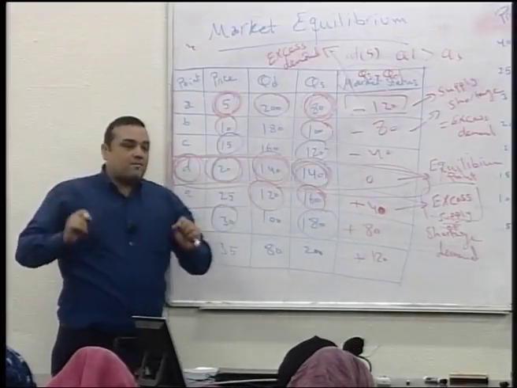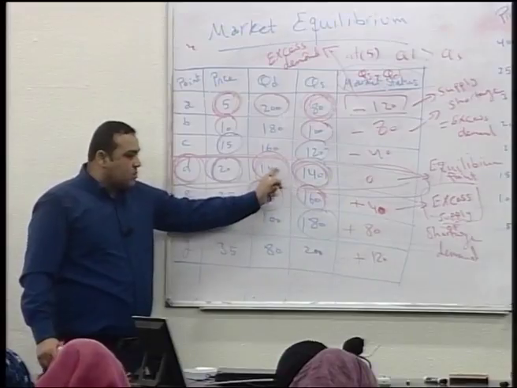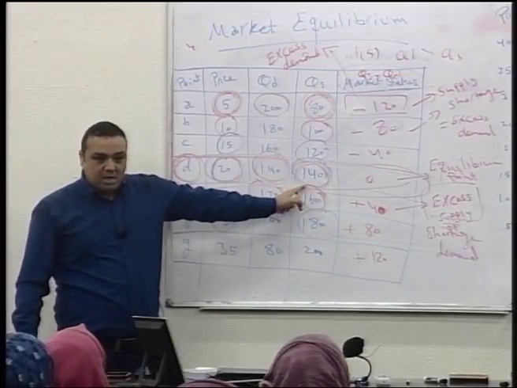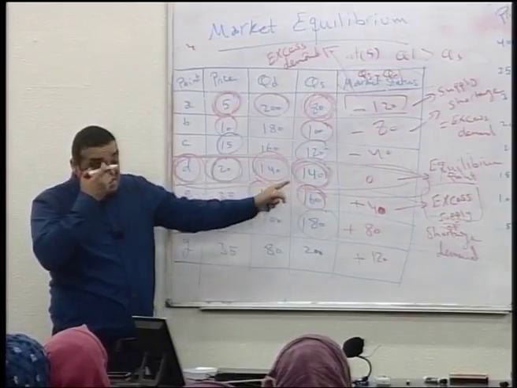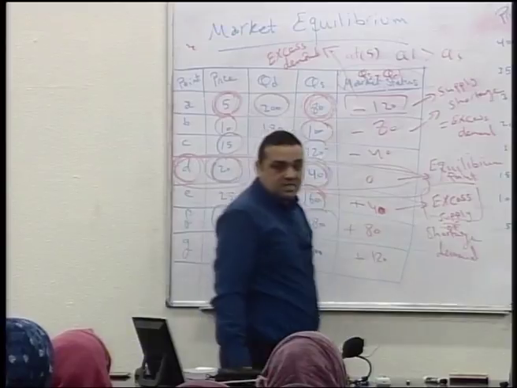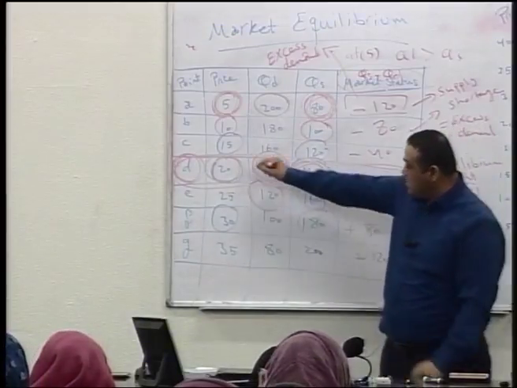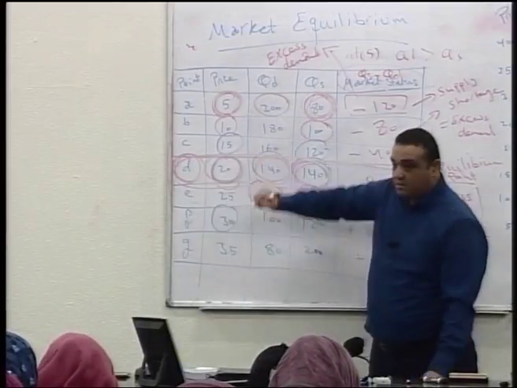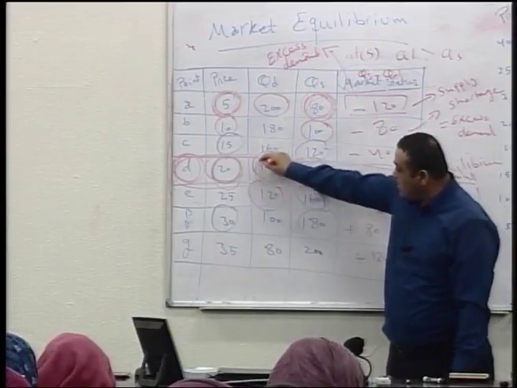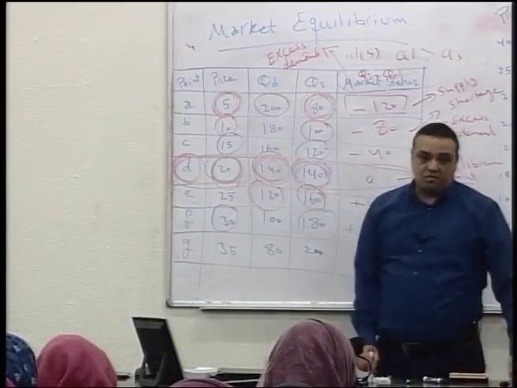At this point, the quantity demanded equals the quantity supplied. This is the equilibrium quantity, and this is the equilibrium price. So the equilibrium price in this case is 20 shekels per unit, and the equilibrium quantity is 140.